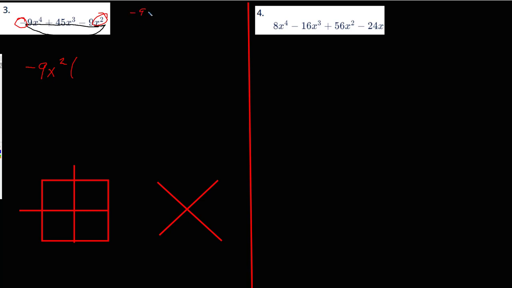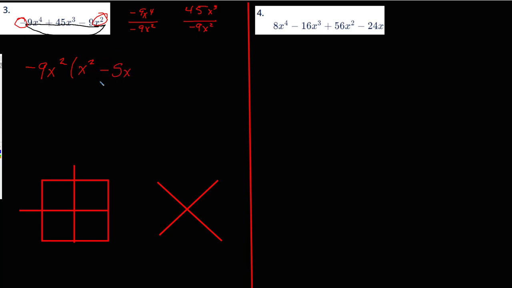So negative 9x to the 4th divided by negative 9x squared gives me a positive 1x squared. Positive 45x cubed divided by negative 9x squared gives me a negative 5x.